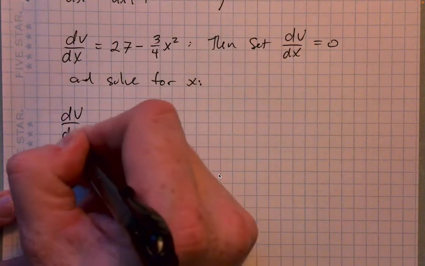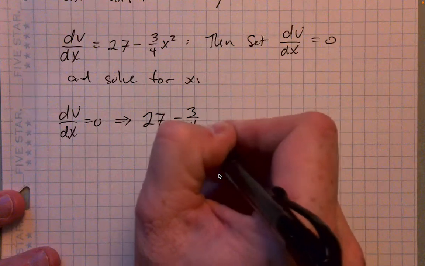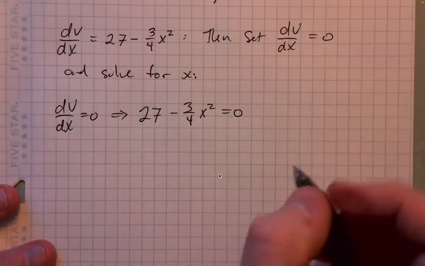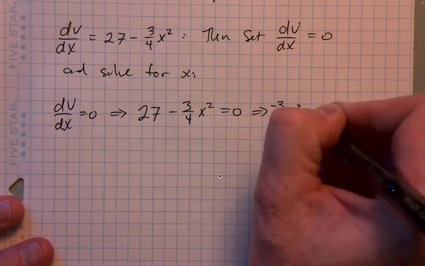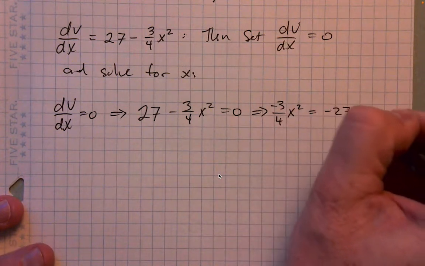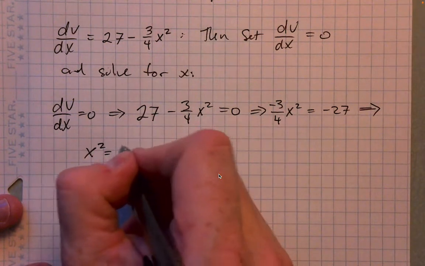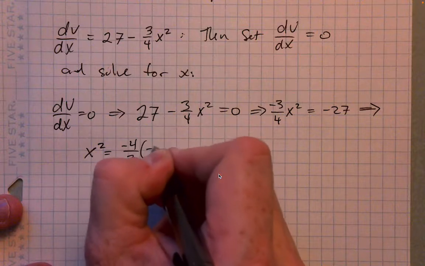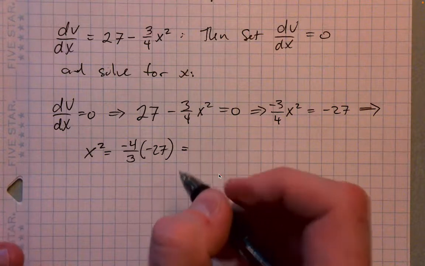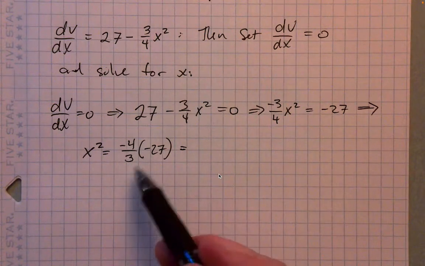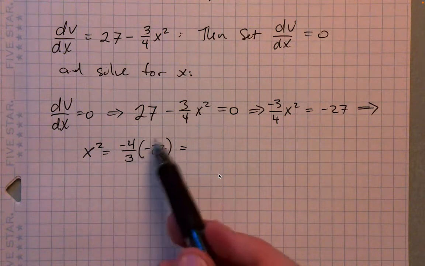So dV/dx equals 0 means you're dealing with 27 minus 3/4 x squared equals 0. And so that means you've got negative 3/4 x squared equals negative 27. And that means you've got x squared equals negative 4/3 times negative 27. And now this looks like a messy product here, but 3 times 9 is 27, right?